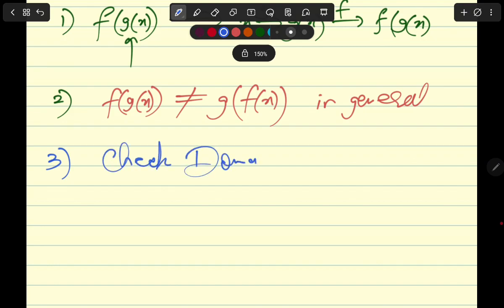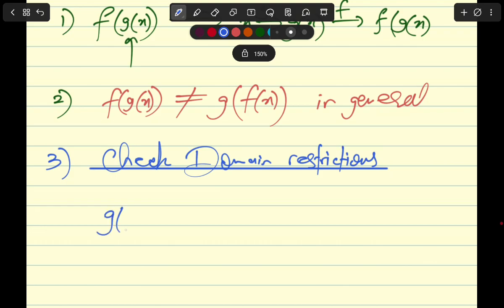Check domain restrictions. I hope you guys are following through the subtitles, or you are pausing or repeating the video in order to make sure that you are putting everything down in your notebook. Okay. Now, composite functions work only when outputs from the first function, so the range of the first function, are allowed inputs into the second function.